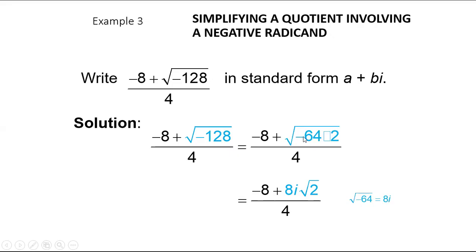So I also provide the concept here. You can see this minus square root of 64 is equal to 8 iota.